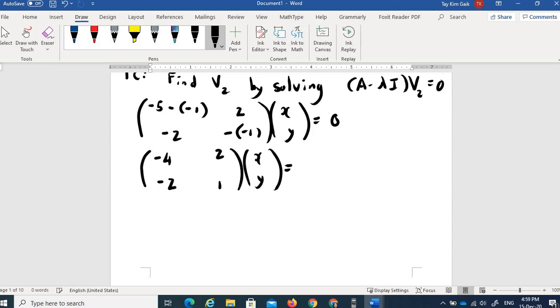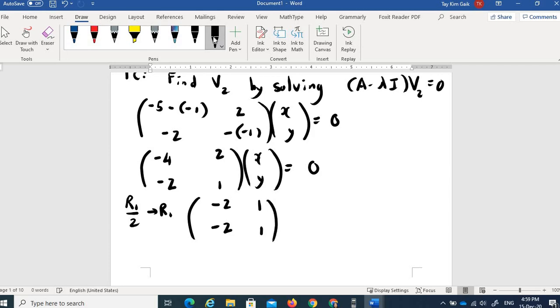y equal to 0. Again, you can see the first row, I divide by 2, put back to first row. So I get negative 2, 2, negative 2, so 2 divided by 2 to get 1. So this is 1.